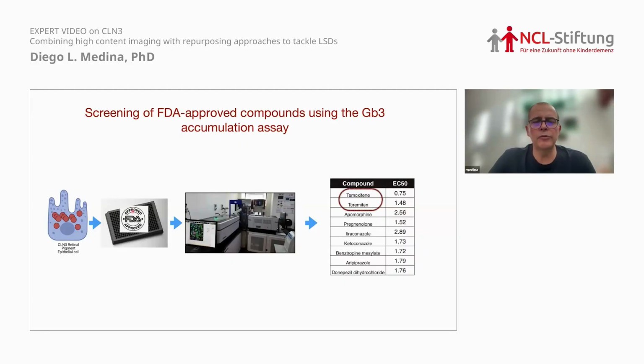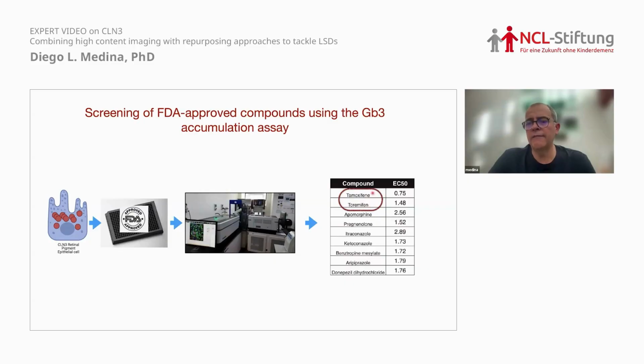By using this approach and our high-content imaging screening system, we identified around 10 compound hits, and the first two were related with the same category of compounds, tamoxifen and toremifene.